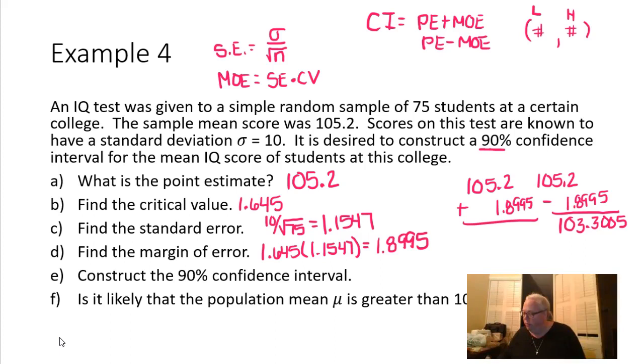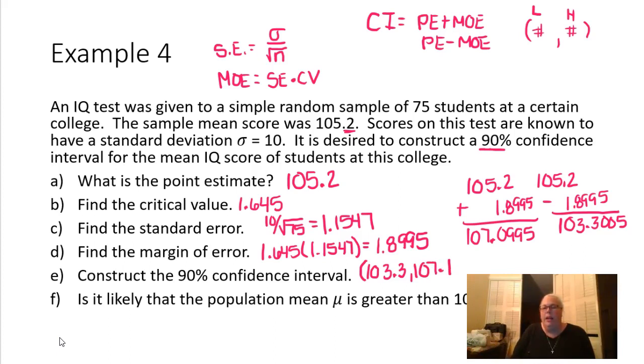And then the other one is going to give me 107.0995. Now, since the original point estimate was rounded off to 1 decimal place, when I go to write my confidence interval, I'm going to round these to 1 decimal place. That's going to take me from 103.3 to 107.1, because that 9 is going to round that 0 up to a 1 there. And there is my confidence interval.